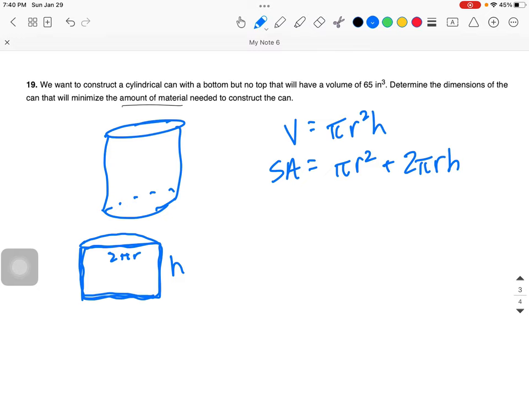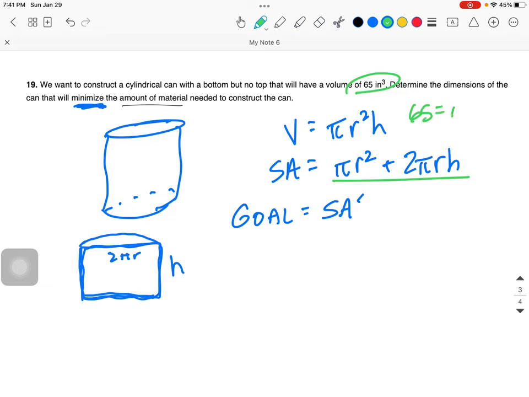And if we want to minimize the amount of material, our goal is going to be to find SA prime and set it equal to 0. But currently, SA has too many variables. So that's where the other hint comes in. 65 is a constant, meaning we want the volume to stay 65.